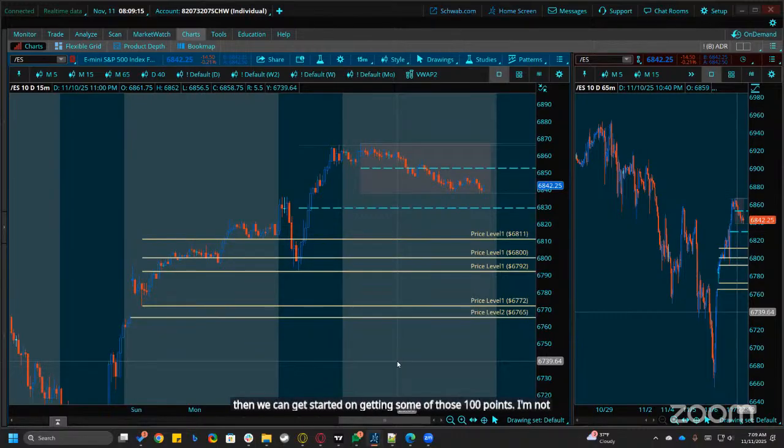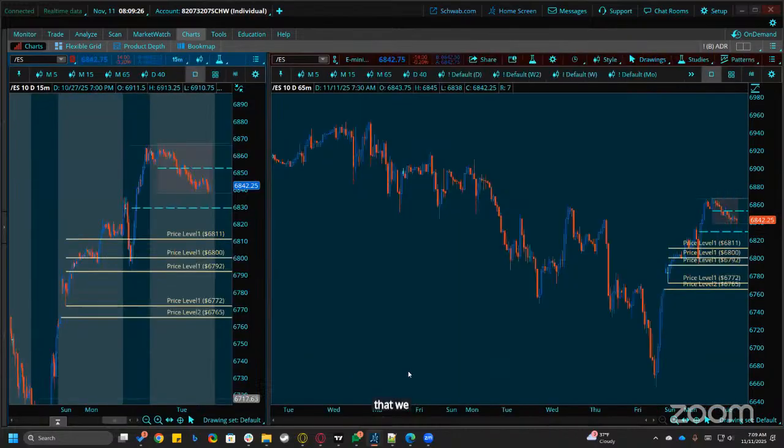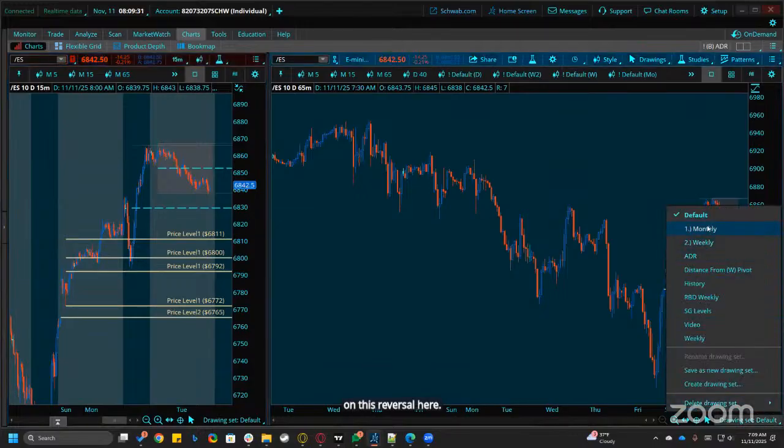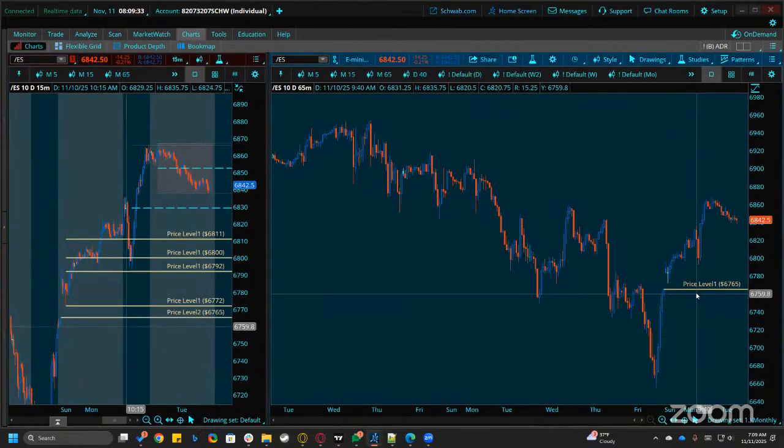I'm not looking for the whole 100 points in a single day, but that's the upside goal if we can keep this rally that we started on this reversal here. We got a good start. We just need to keep it.